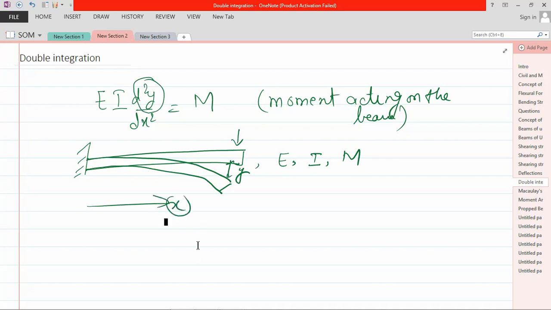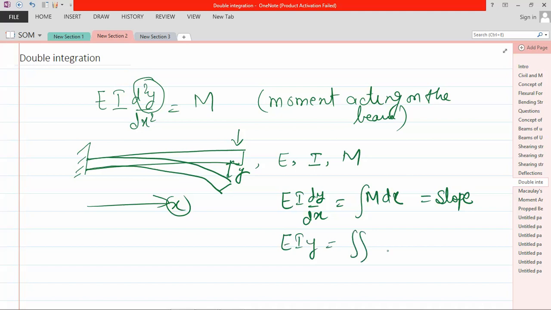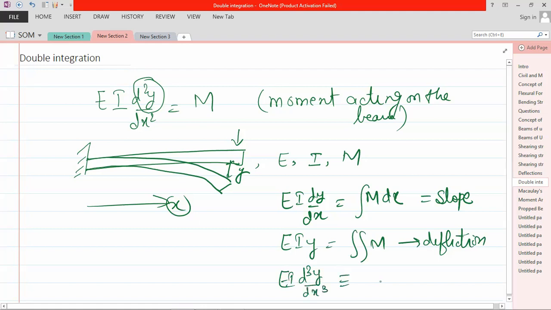So now a few general things. If I integrate it once, EI dy by dx is equal to integral of M dx. This is called the slope. And if I integrate again, EI y is equal to the double integral of M; this is called deflection. Now if I write it like EI d3y by dx3, this is called shear force.